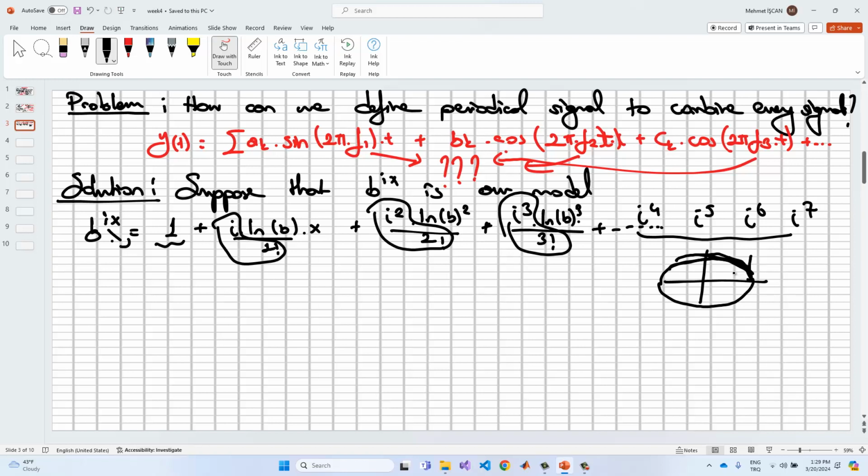So i gives us the periodicity, and x is a different feature. If we expand this form into the Taylor one, we can have the infinite root pattern in here.